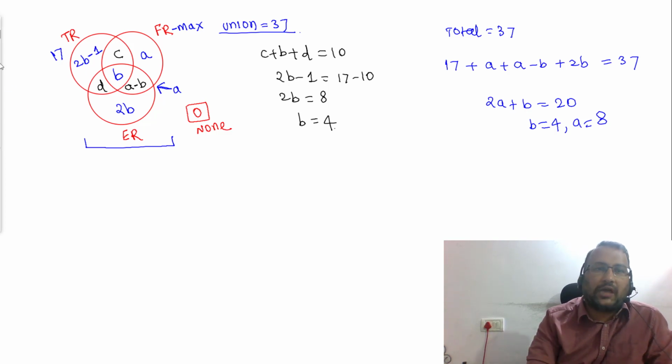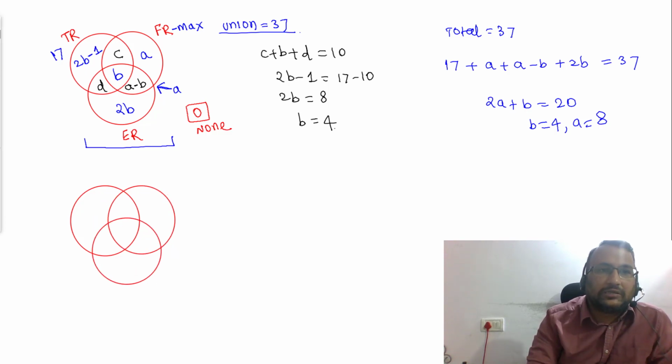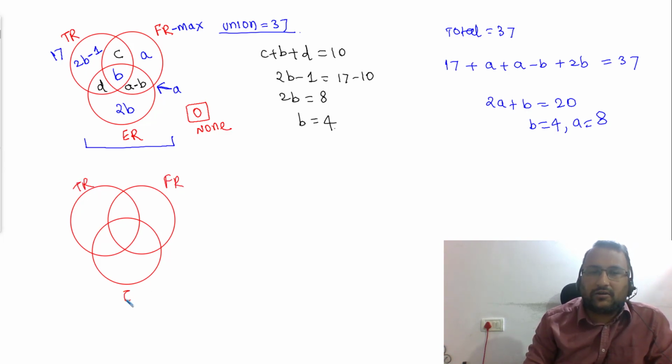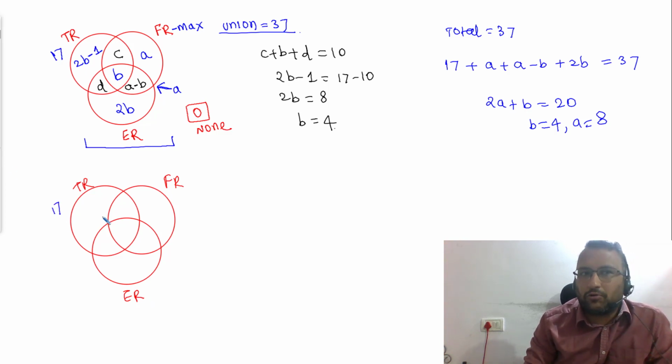So what I will do is, I will draw this diagram again. So hold on. Let me draw this diagram again. This is for TR, this is for FR, this is for ER. The value of this circle is 17, B is equal to 4, that is 7, then A is equal to 8, B is equal to 4.